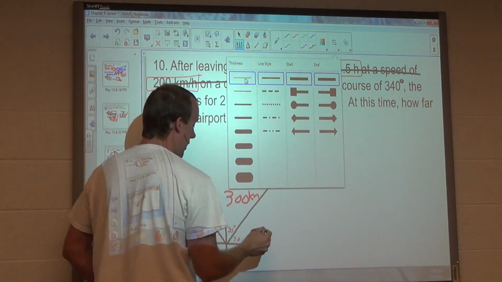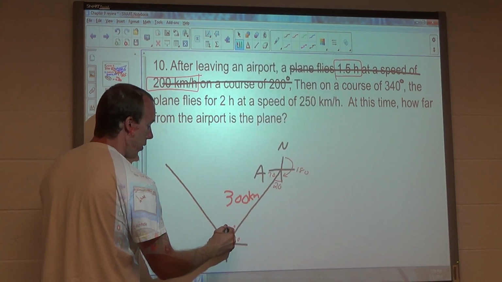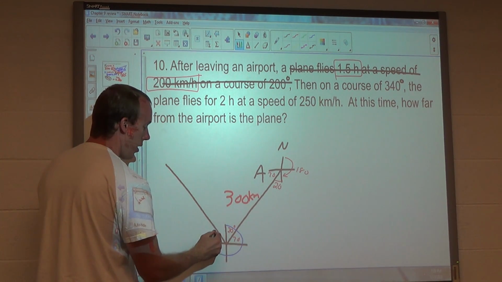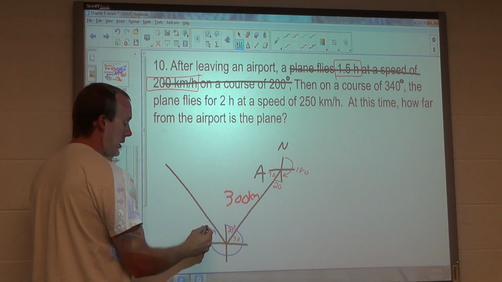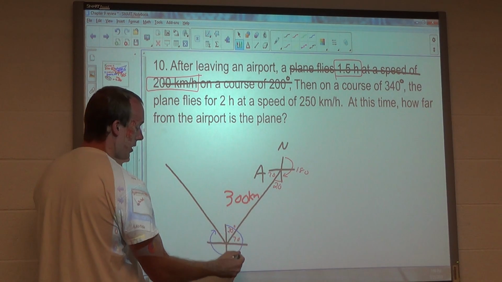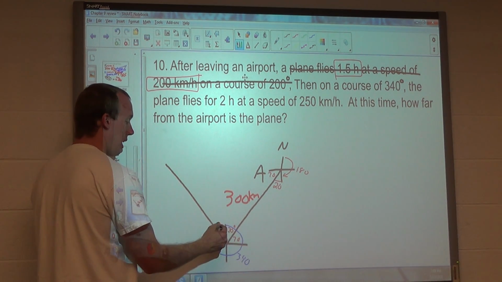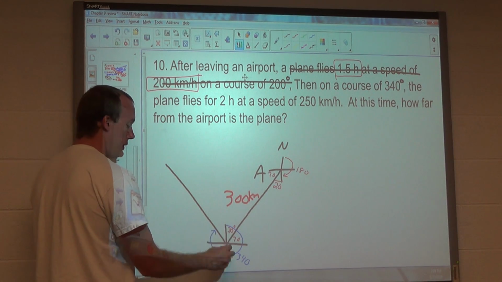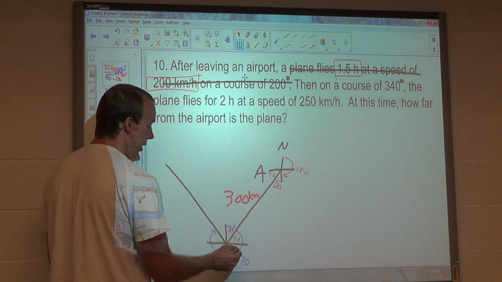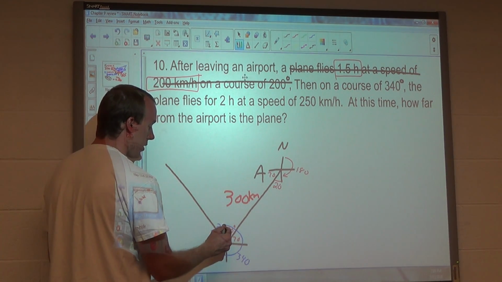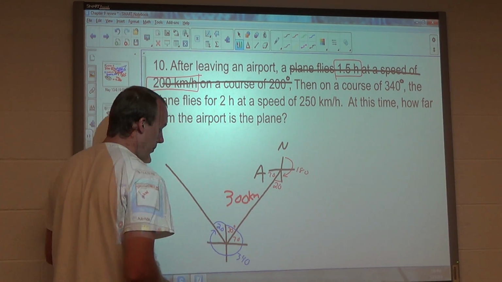If 360 is the full circle, and I start from the north, how many would be left over, so if 360 is the full, I'd be at 340 for my full spin. How many is left over from 360 that I haven't filled in right here? And that would be 20 degrees left over. So it's actually 20 degrees in this direction.